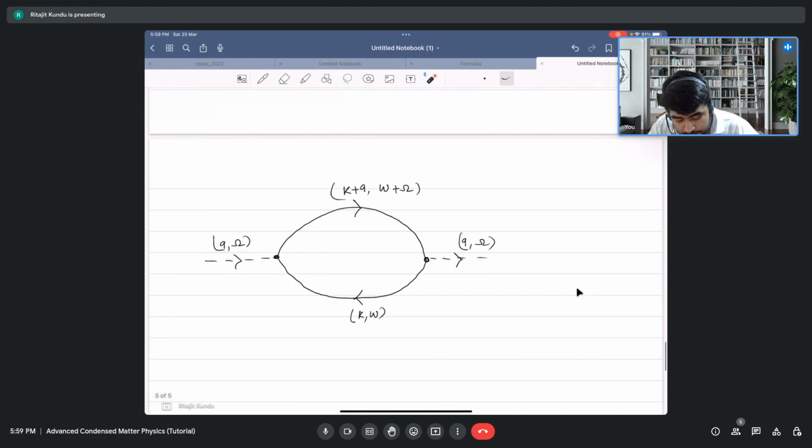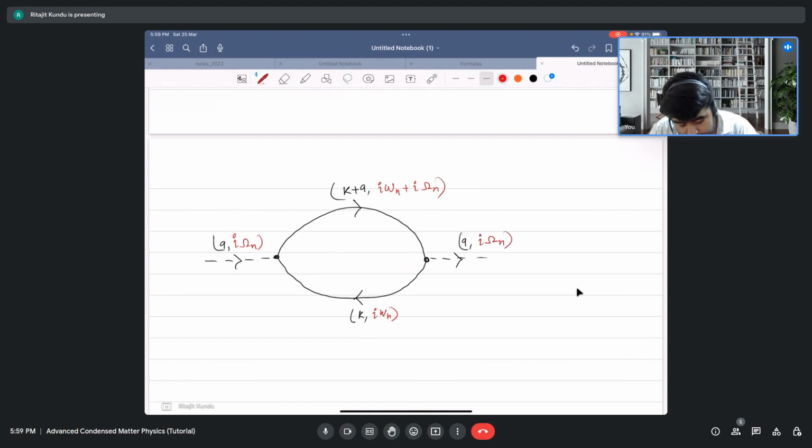So I was telling you that instead of writing it in real frequency, let's write it in imaginary frequency, also called Matsubara frequency. So i omega_n plus i Omega_n on the upper line, the lower line has only i omega_n, and then i Omega_n goes out.